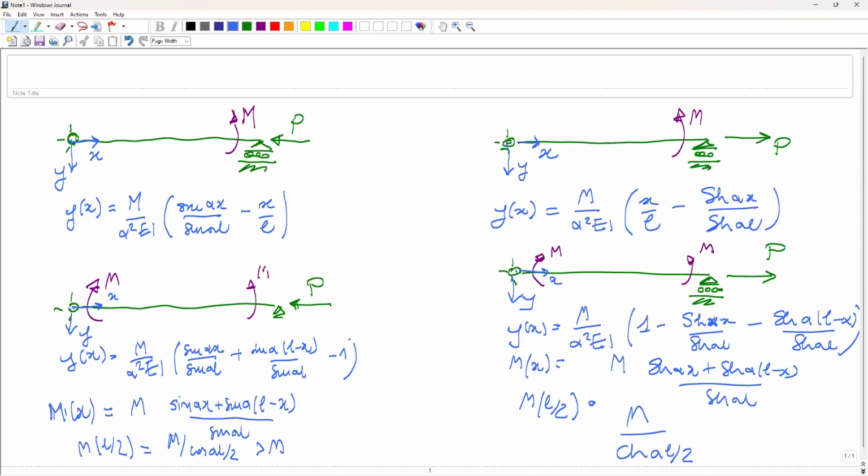And if you try to draw the diagram of the bending moment in this case, if you don't consider the axial force it is something like this, if you consider it, you get something like that. The higher is alpha, it means the higher the load, the lower the bending moment.